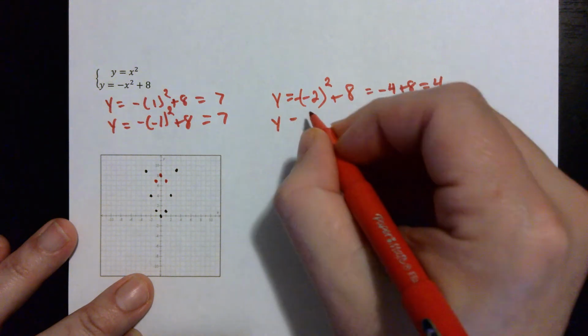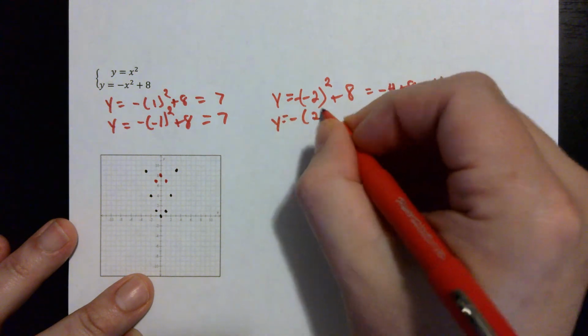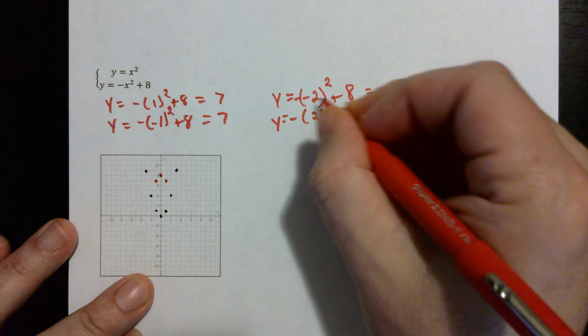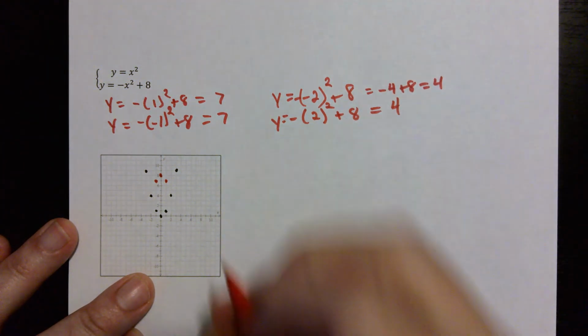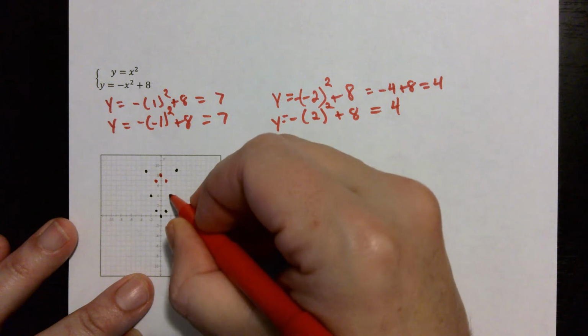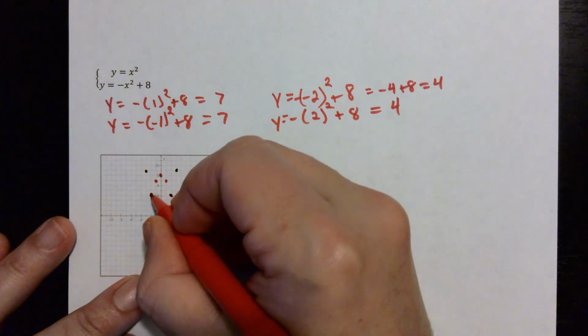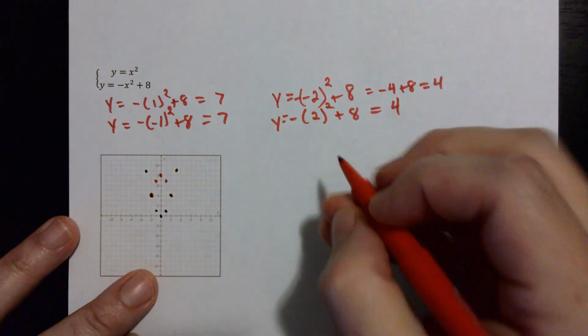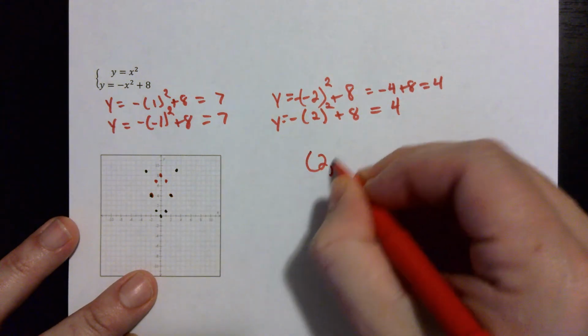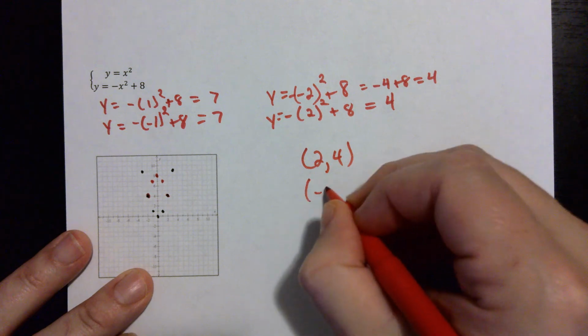And if we did the 2 in there, it would be the same thing because they both get squared to be positive. So it's going to also end up being 4. So 2 and negative 2 give us 4. Boom and boom. That's the same spots right there at 2, 4 and negative 2, 4.